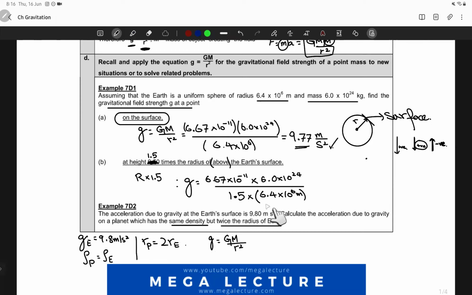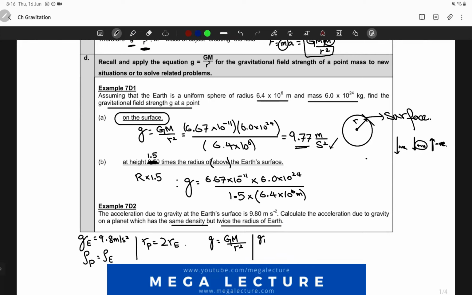That would get our answer in terms of the radii alone, because we don't know the mass at this point. What we know is that the density is the same. So if the density is the same, let me write it as a ratio.